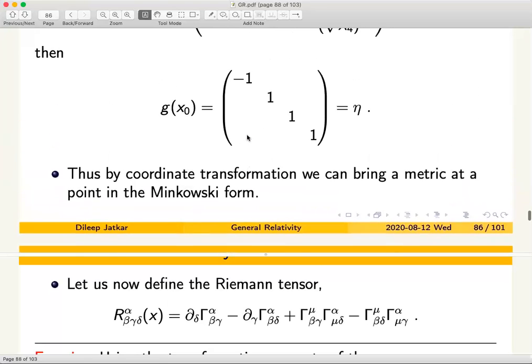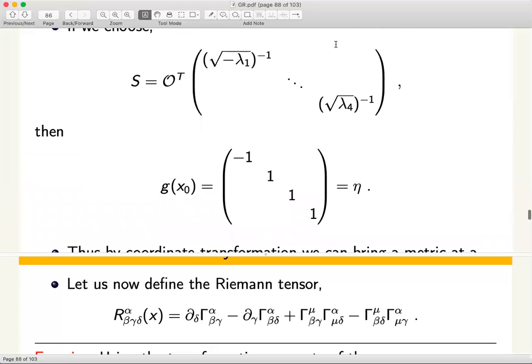Sir, we must have an extra freedom, right? Because we can still do a Lorentz transformation then. That is right. So in this similarity transformation, you could also add a Lorentz transformation piece. But a Lorentz transformation leaves eta invariant.